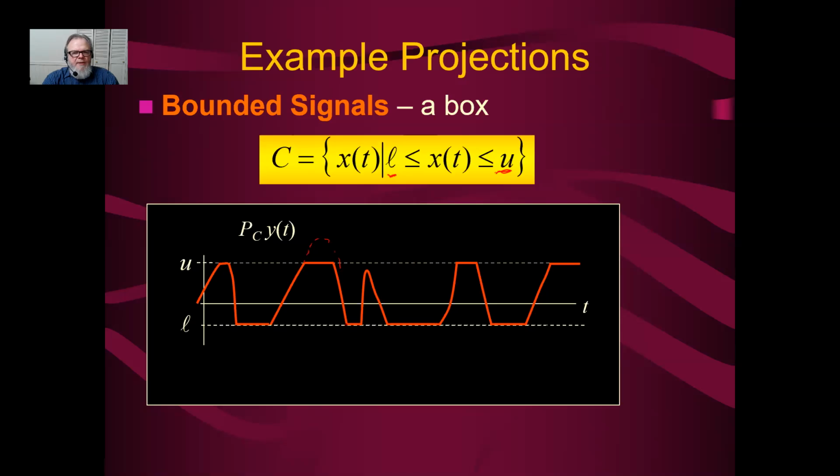And we did this also for the negative part. So if you take a signal which you want to be bounded and you want to project it onto the convex set of bounded signals that obey this constraint, you simply clip the signal off at the upper and the lower values. Again, I would submit to you that this is a very, very intuitive way to do a projection.